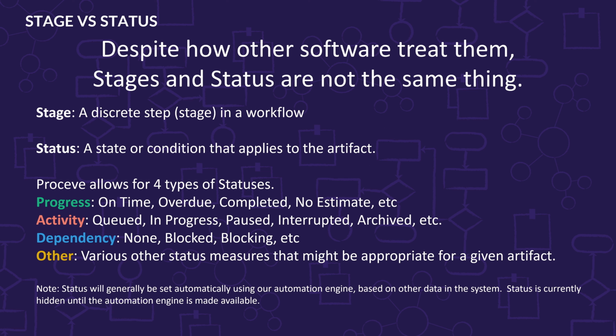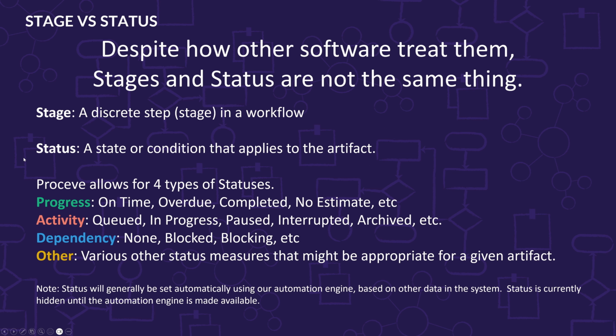So in theory, you could be at a single stage with a single artifact, and it could be both blocked and blocking, because it's blocked by one artifact and blocking another task. So it can have both states status-wise simultaneously, but that only has meaning when you look at which items it's being blocked by or blocking. And then there are various others that are more miscellaneous.